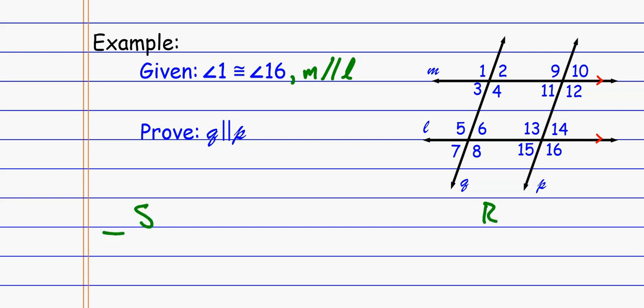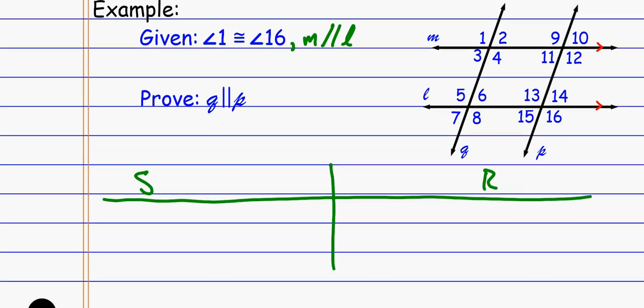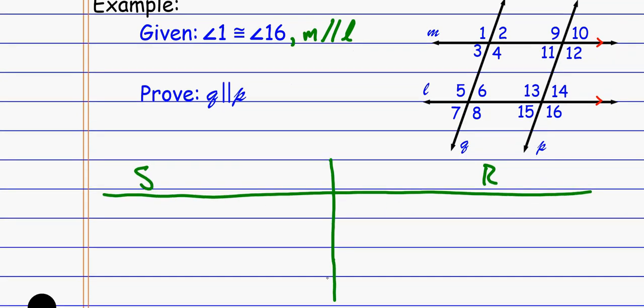And sometimes, especially with this one, it helps to kind of think about the end result that we want, all right? Sometimes with proofs, we just kind of start rolling with what we know. We start with the given and we start throwing down what we know and kind of hope we start going in the right direction. But with something like this, we want to prove that Q and P are parallel. So look at angles Q and P. If I'm looking at like the group of 1, 2, 3, 4, and 9, 10, 11, 12, I could use that group.